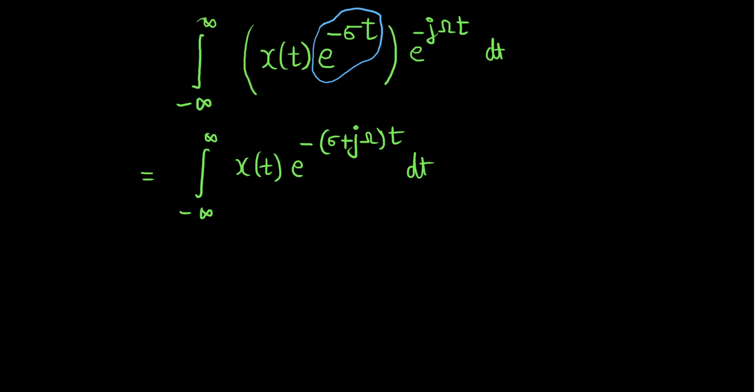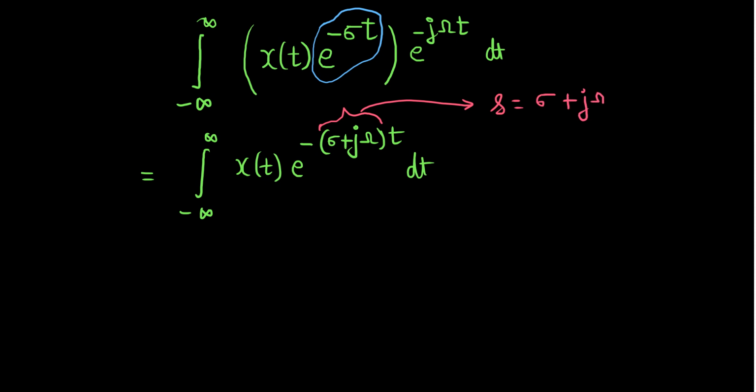Now you can observe this is a kind of complex number. The sigma is a real number and this j omega is the imaginary part of this number. So let's rename this complex number, let it be s, that is sigma plus j omega.